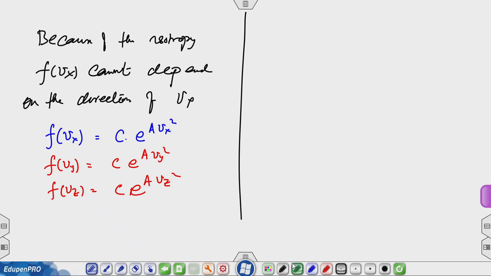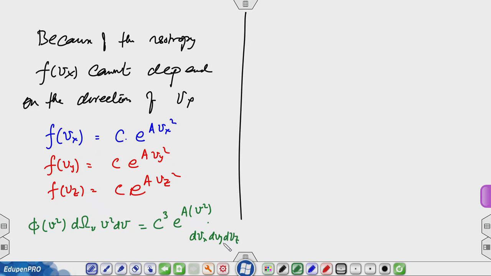And now you can see what we did earlier. We had written that f(v square) d omega v, v square dv is equal to, we multiply 3 f's, c cubed e raised to a v square times dvx dvy dvz.